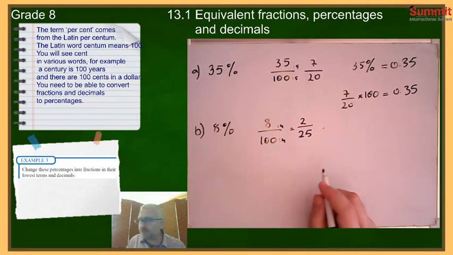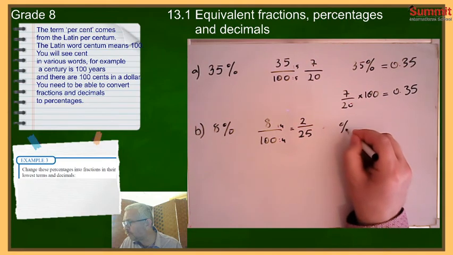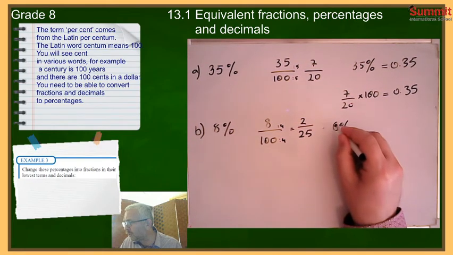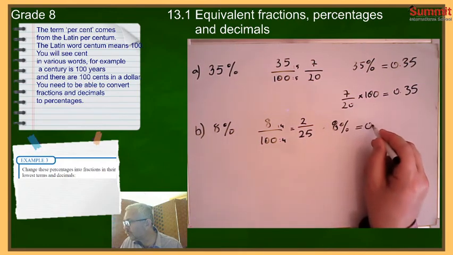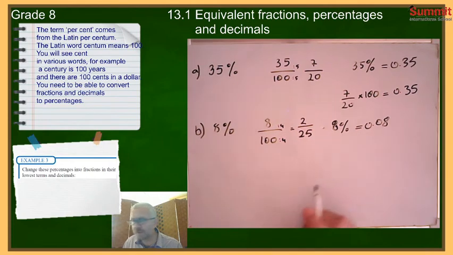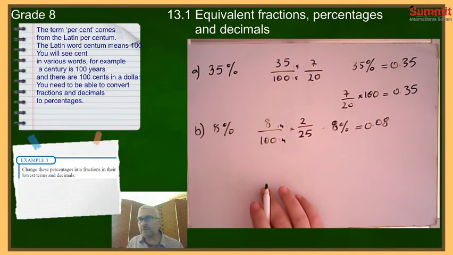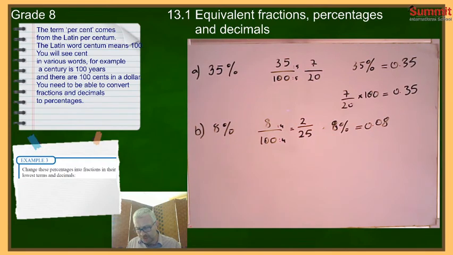As a decimal, 8% we can write directly as 0.08. With this we finished our example. Let's go to the next example.